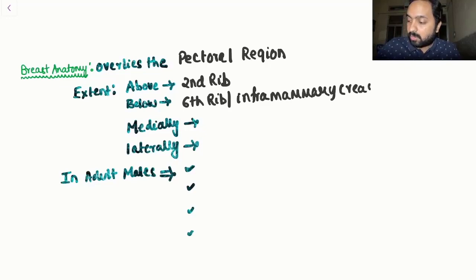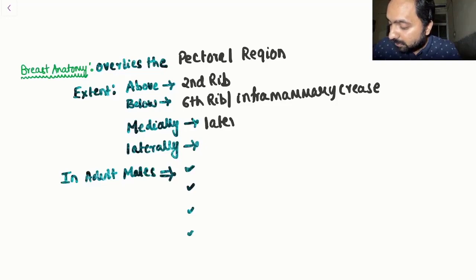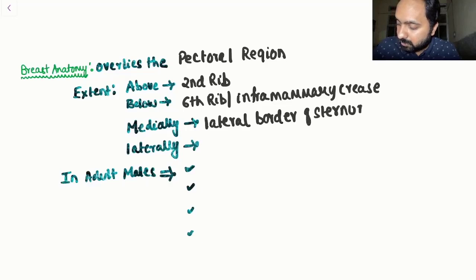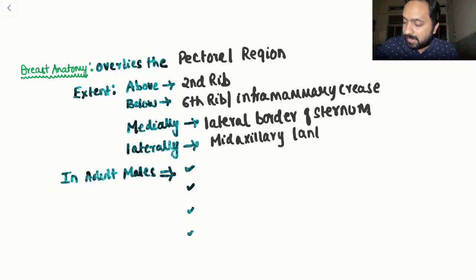It is very important for us to know regarding the extent of the breast, and even MCQs can be framed from here by asking you which of the following is true with respect to the extent of the breast. So it extends medially up to the lateral border of sternum, and laterally it extends up to the mid axillary or your anterior axillary line.